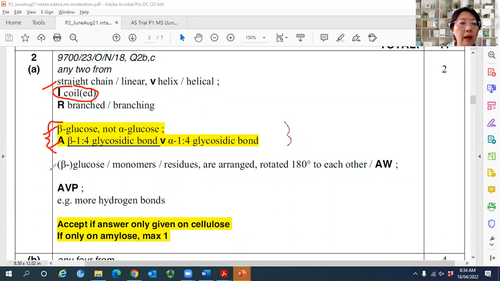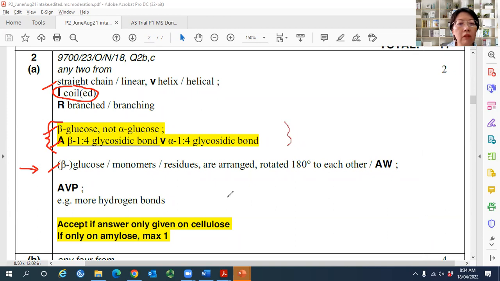Okay. And then alternate beta glucose are arranged, are rotated 180 degrees. I discovered that some students do not know how to describe this point. So you need to learn up the words to describe it crystal clearly. Okay.